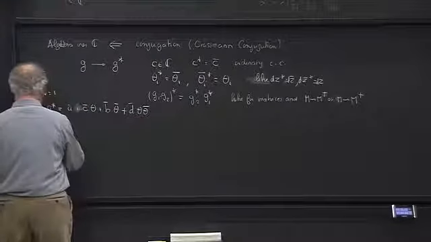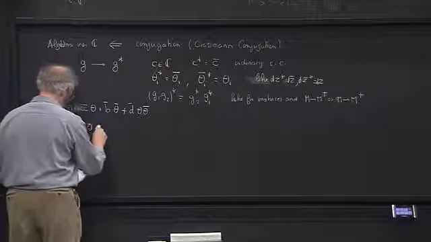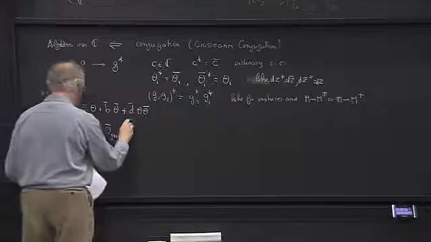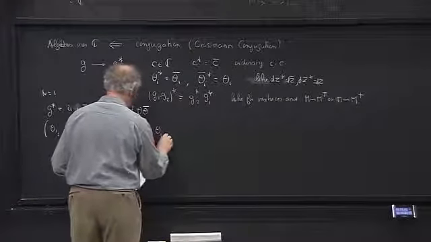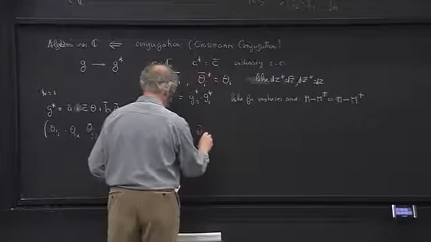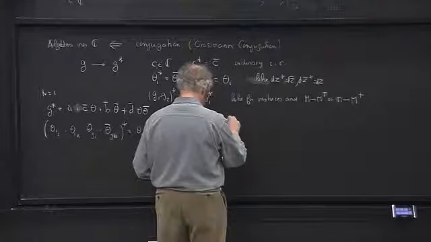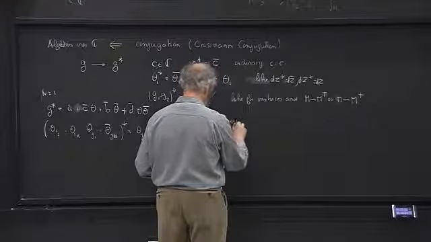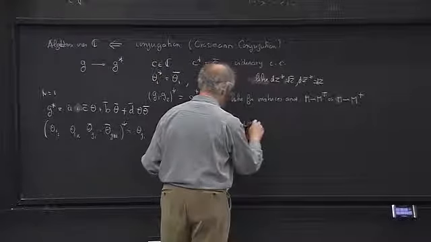In general, if you have theta i1 up to theta ik, then theta bar j1 up to theta bar jh, let's say, and you take its complex conjugate, this will be first theta j1 up to theta jh times theta bar i1 up to theta bar ik, but there will be a minus sign that will be, in fact, minus to the power of the integer part of the number of thetas plus the integer part of the number of theta bars.